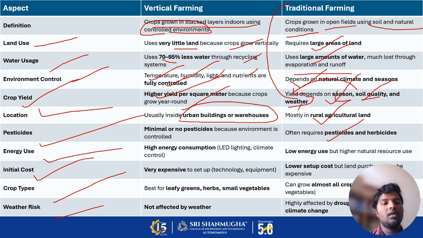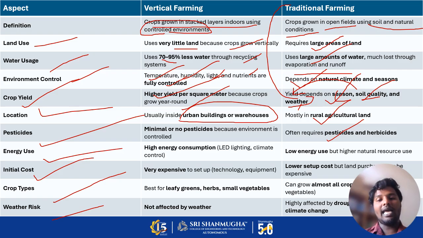Okay, the next one is energy use. In vertical farming, high energy consumption takes place because we provide everything in an artificial way. Creating the LED lighting effect is also electricity consuming.